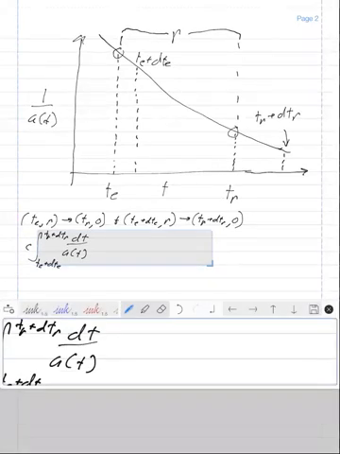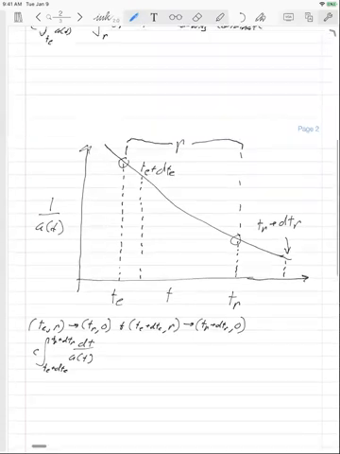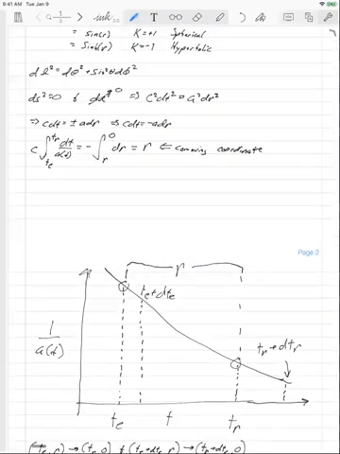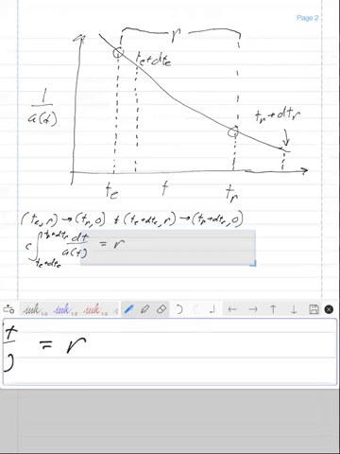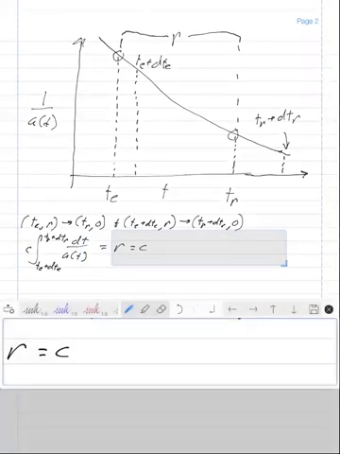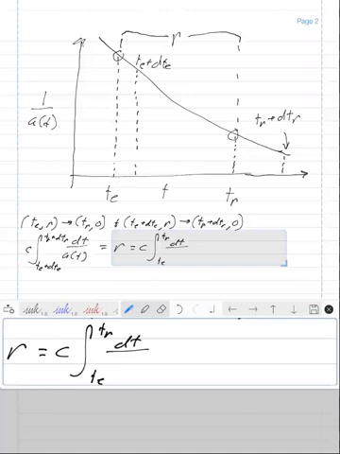This is going to equal, in the same way up here, this integral here, it's going to equal that interval again. So this equals R again. In other words, we have that the integral of these two between these two intervals are equal to one another.